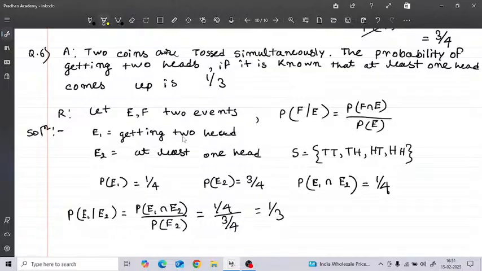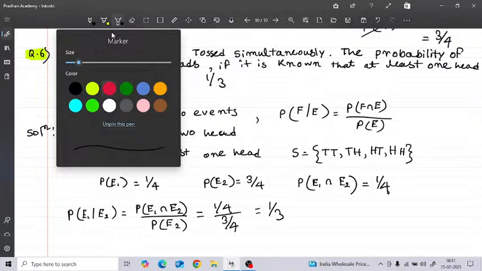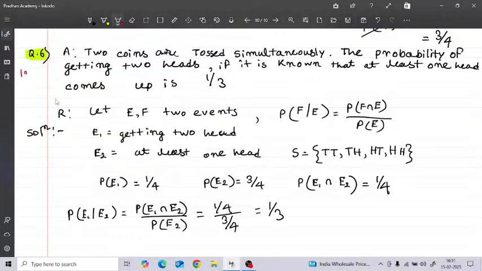That's a question from assertion reason. That's quite important. Let's move to the next question.